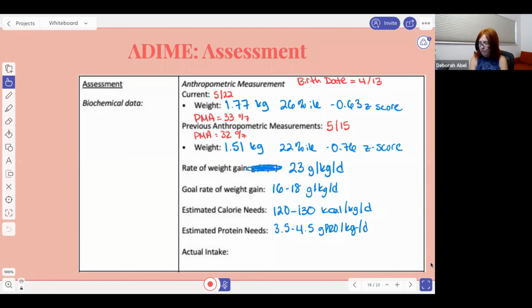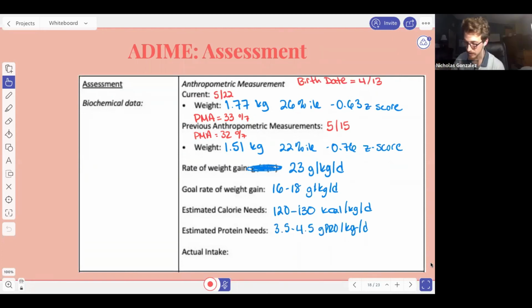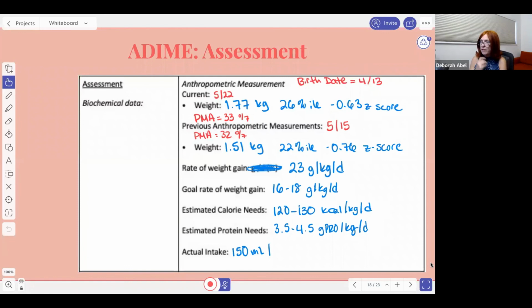Okay, but our actual intake, looking back at the previous slide, we had 150. Well, wait, that's what you're going to recommend. The actual intake was 140 mils per kilogram per day. So we did calculate what we were going to recommend, but when we first looked at what this baby was taking in, that's what you want to write here.